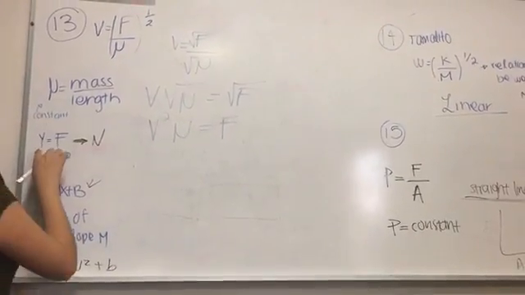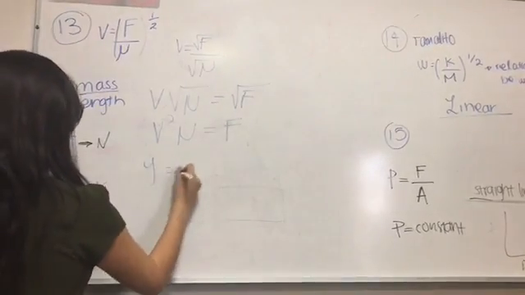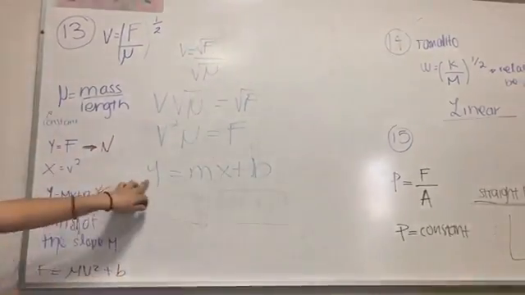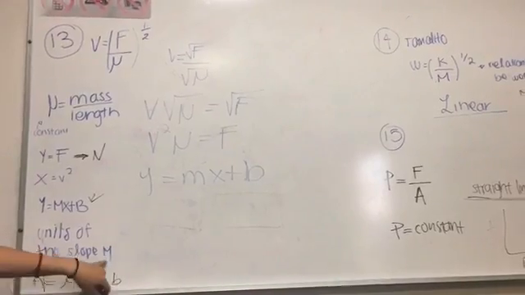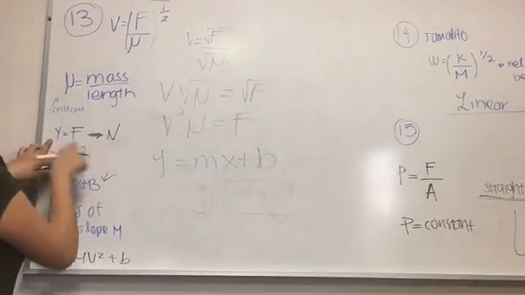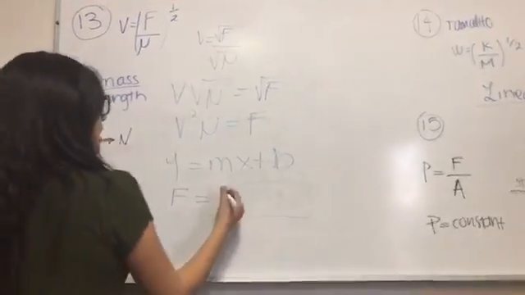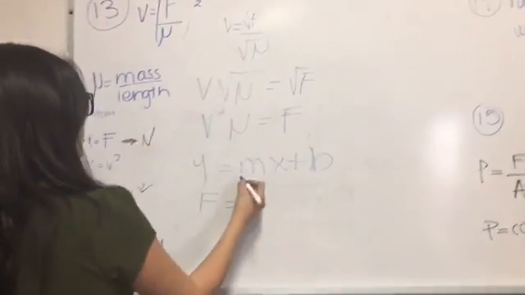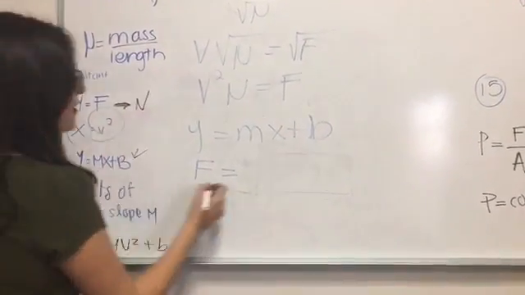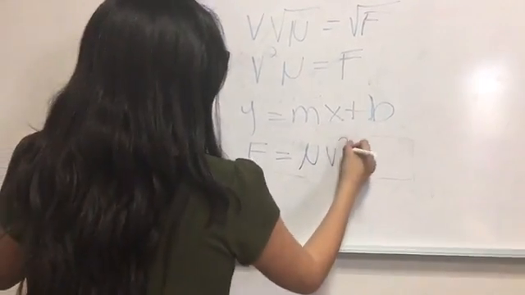And we have read a problem that, using this equation, we have to find the units of the slope m and b. So we have here that the g is the f, and also that the x is velocity. So we have that mu is m and x is the velocity.